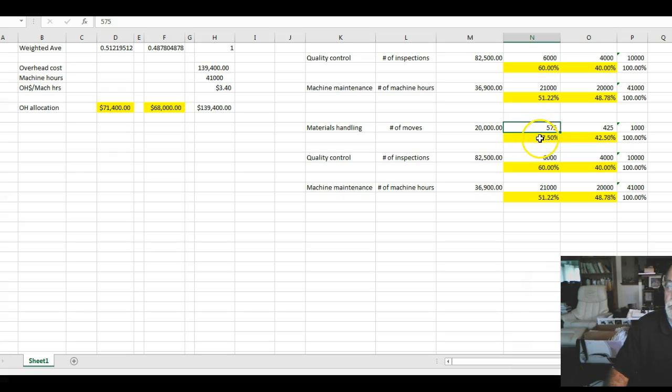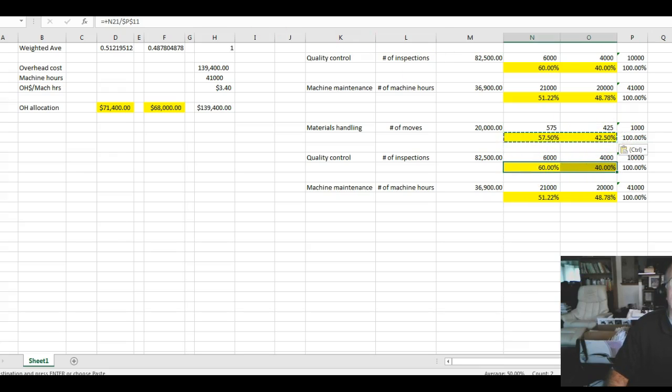Let's see. We want these to be constant. So we want to copy and paste values. So we've changed the formula to a value.